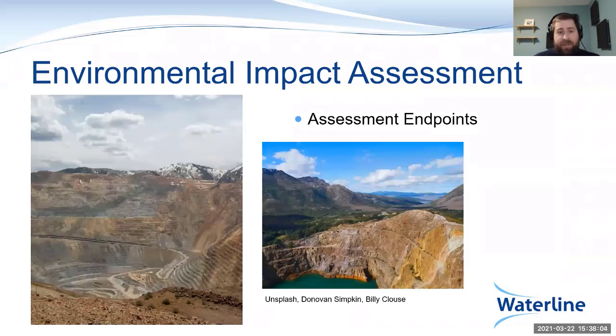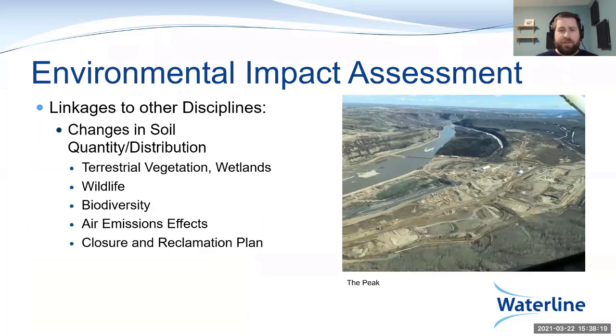And so then assessment endpoints. Again, this comes back to the question of whether or not soils are a value component in and of themselves. Nevertheless, there's a number of different linkages to other disciplines that need to be considered in other components of the impact assessment.